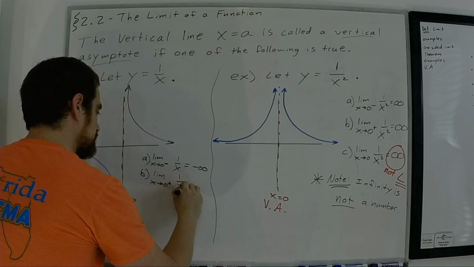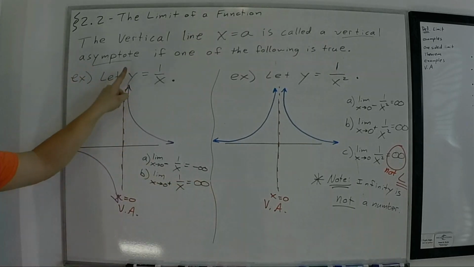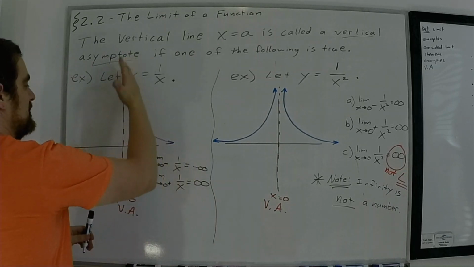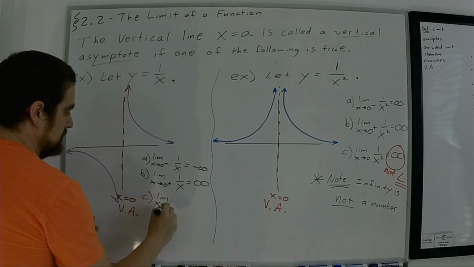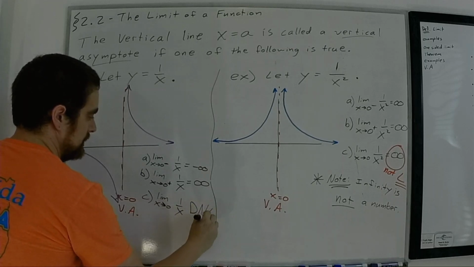Yeah, it's positive infinity. I'm going to negative infinity from the left, positive infinity from the right. The limit as x goes to 0 of 1 over x does not exist.